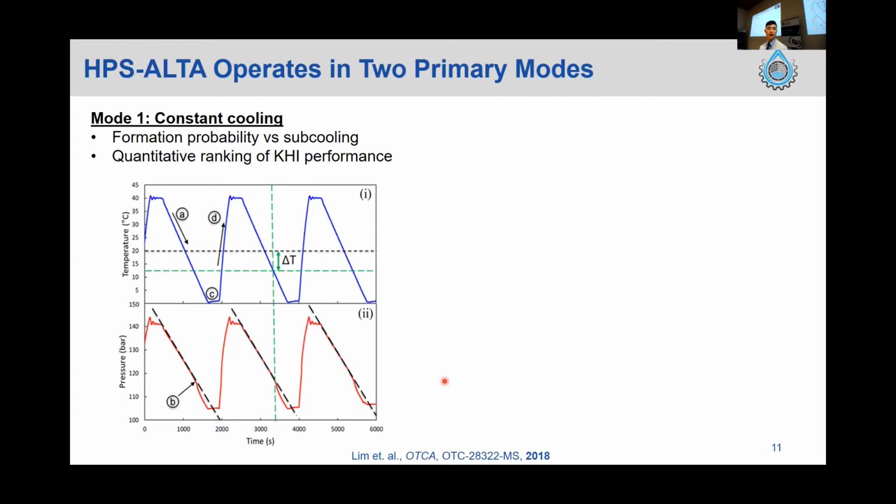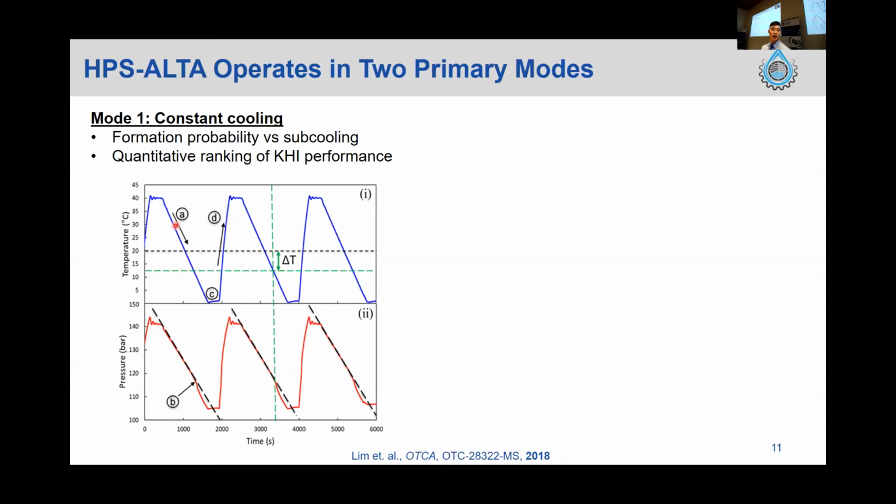The first mode is actually a very quick way. Typically we take about 4 days to a week to get a smooth probability distribution. We start out at high temperature, then cool the system down. This black dashed line is your equilibrium temperature, and you cool beyond the hydrate stability region.